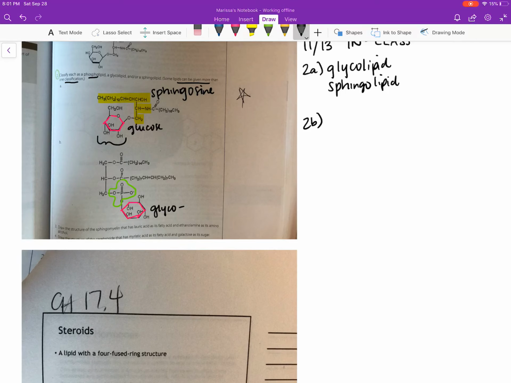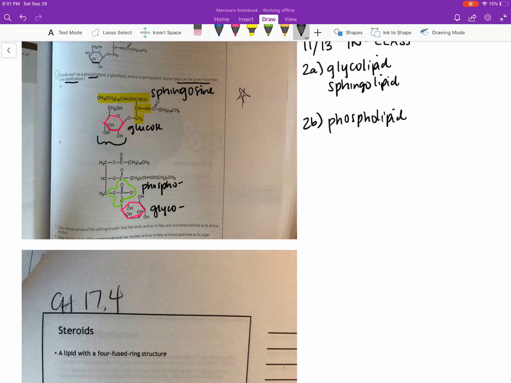So that's definitely a phospho. But I don't see anything that looks like the sphingosine. Okay, so then I would say in this case, this one is only going to be classified as a phospholipid.